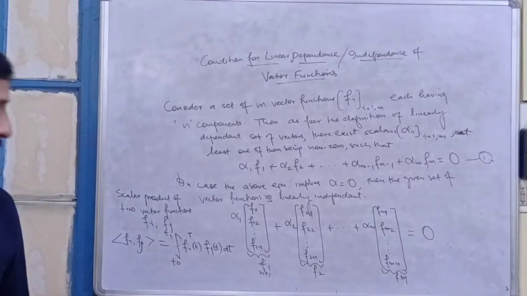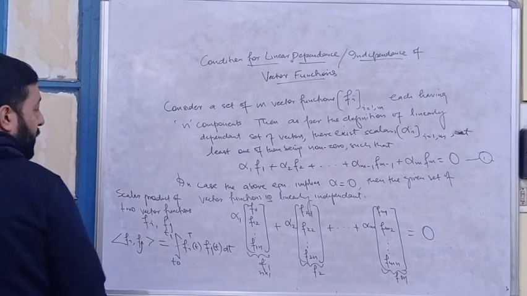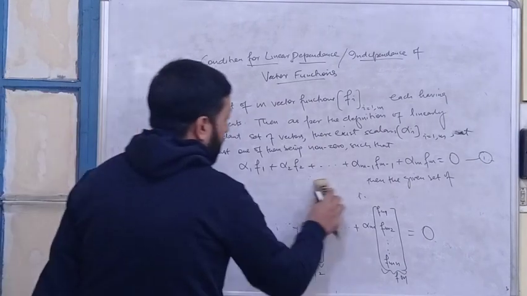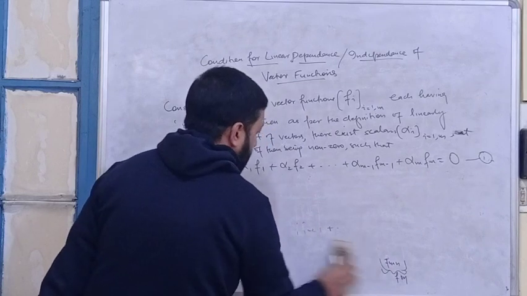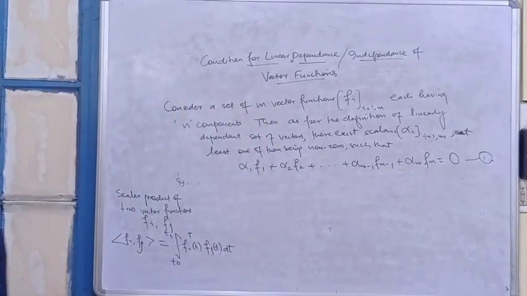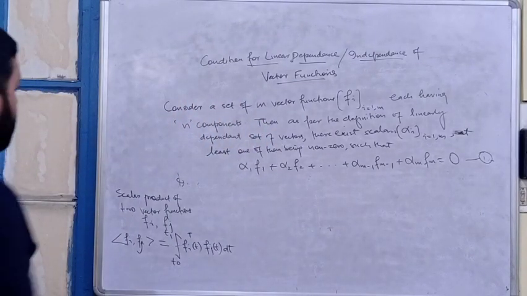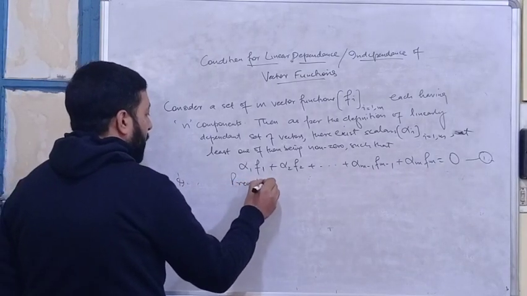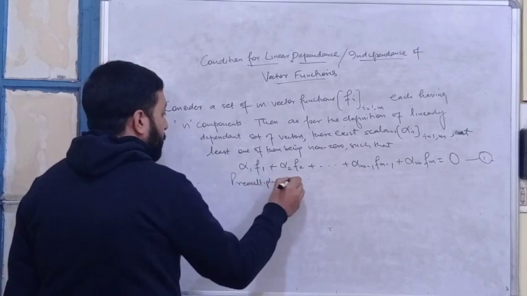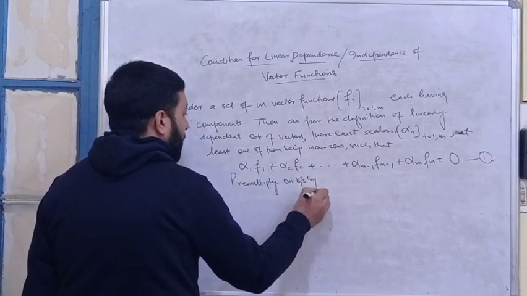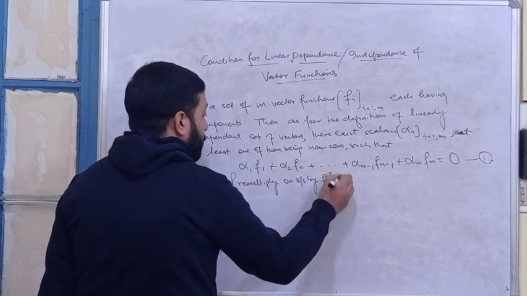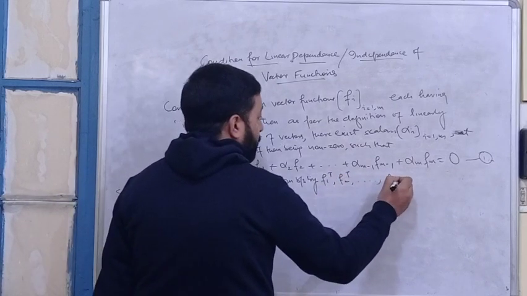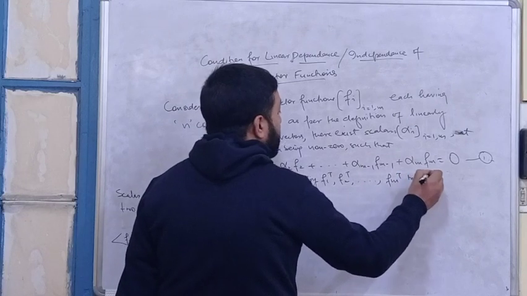So I will pre-multiply this equation on both sides by f1 transpose, f2 transpose, and so on, up to fm transpose, to get m equations.